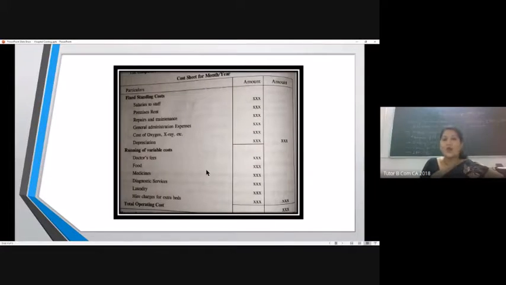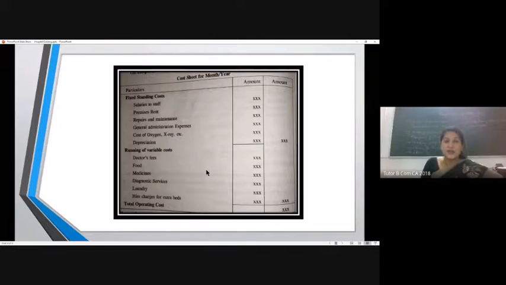Right? Likewise, we have to find out the per unit cost also, which will help us have better control of the hospital expenses. So to conclude, today we were discussing hospital costing, or the recording of costs in the context of a hospital setup.